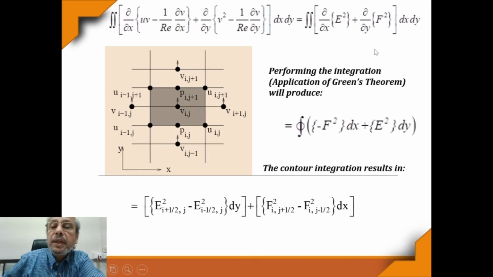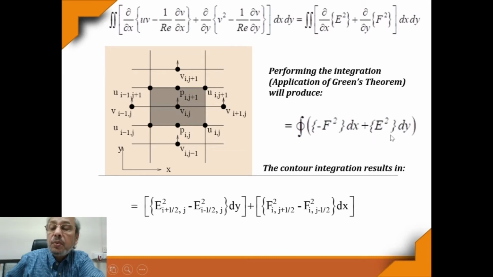Now performing the integration and applying Green's theorem, we can write this surface integral as the contour integral of minus F2 dx plus E2 dy.